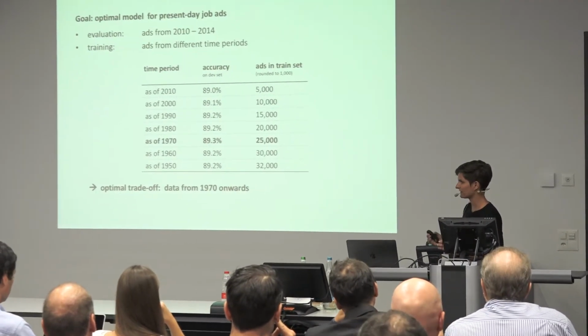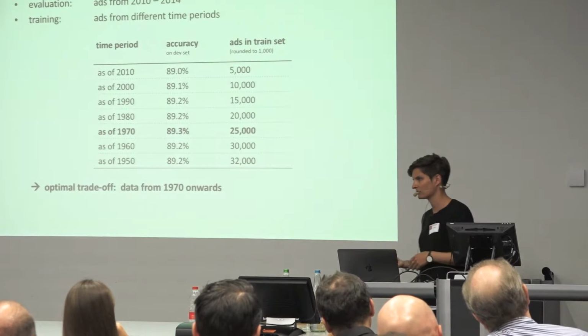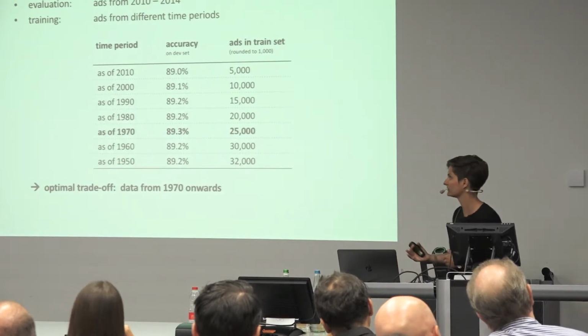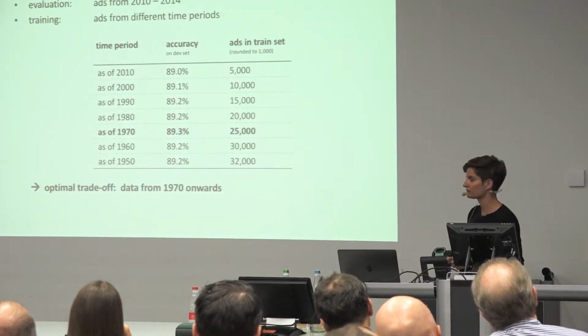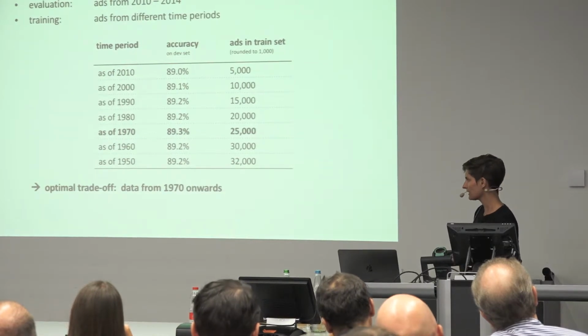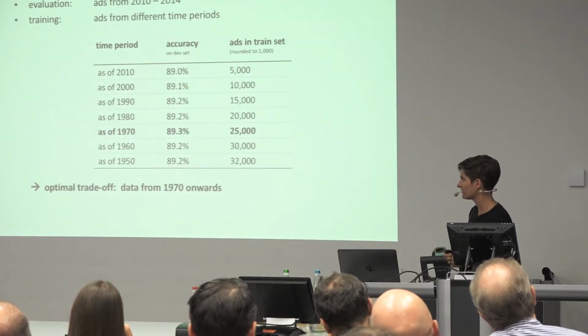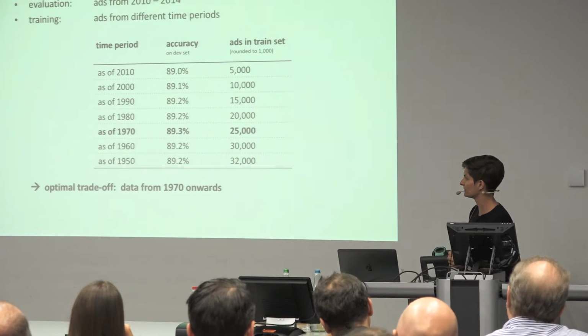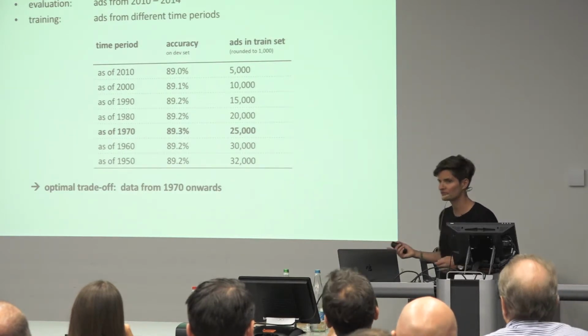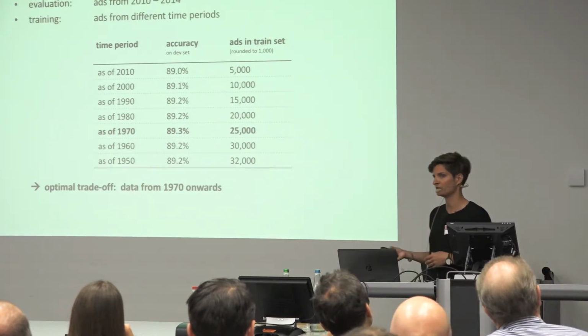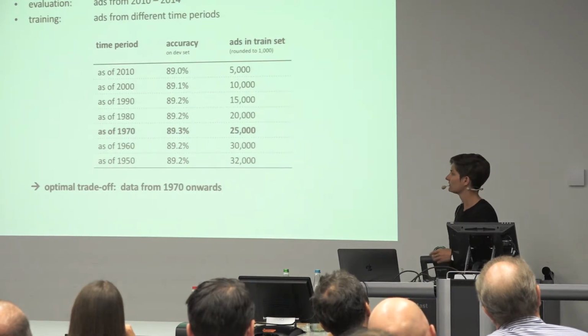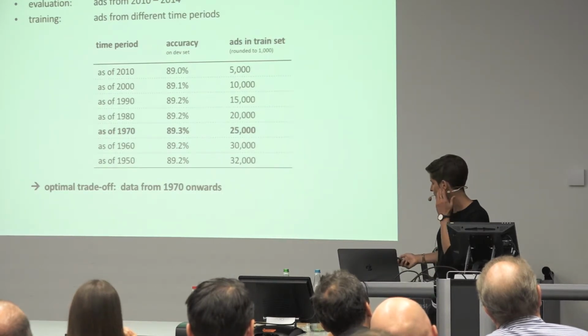So it seems that the effect of more data is partly weakened by an out-of-domain effect of older data. The conclusion of this experiment was that the model with data from 1917 onwards seems to find the optimal trade-off between a training set that is large enough and up-to-date.